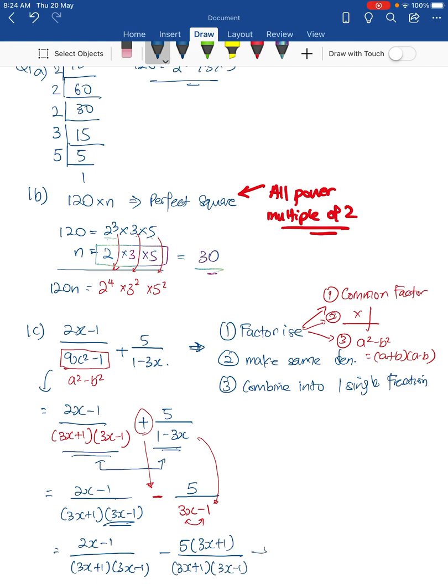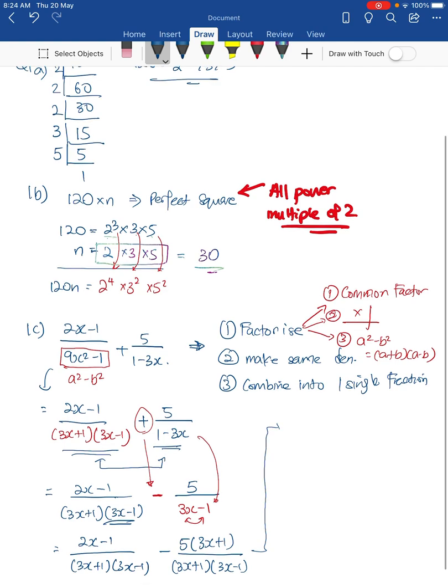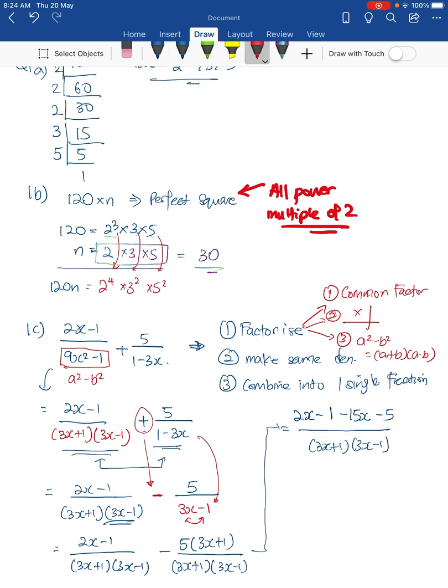This is where I combine already. The next step is to combine, multiply and expand it. It'll be minus 15x minus 5, over 3x plus 1 and 3x minus 1. How do I get the minus 15x and minus 5? Basically, this minus 5 you have to multiply in.